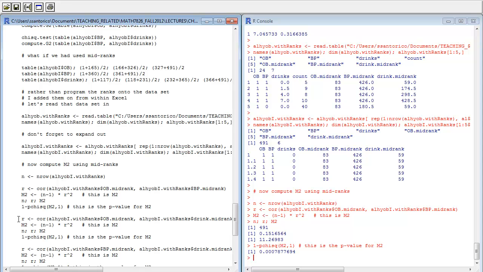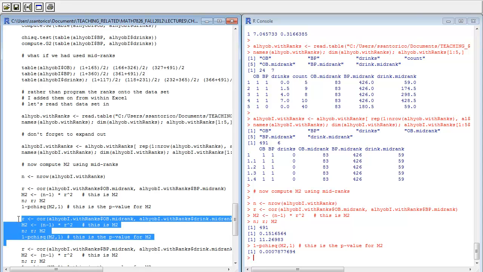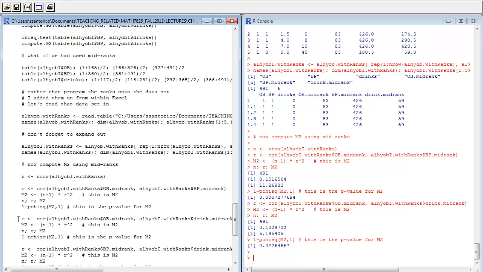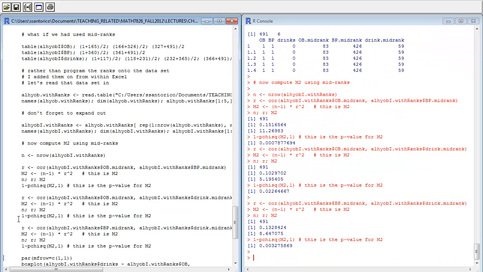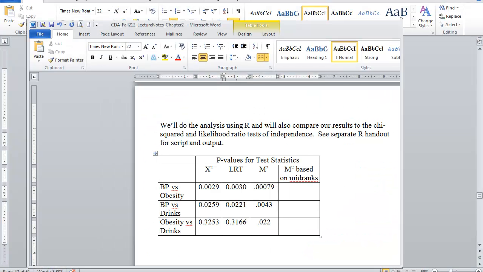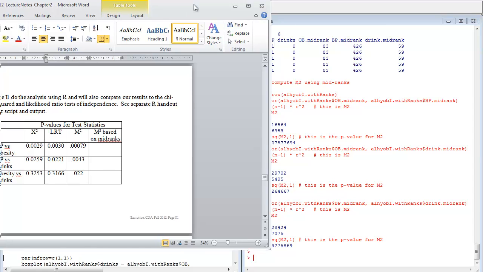Then I've got obesity compared to drinks, right? So that is a tad bit different, but not much. And then when I compare blood pressure to drinks, that is a little bit different, but not terribly different. So let's transfer those over and then take a look at all of our results.